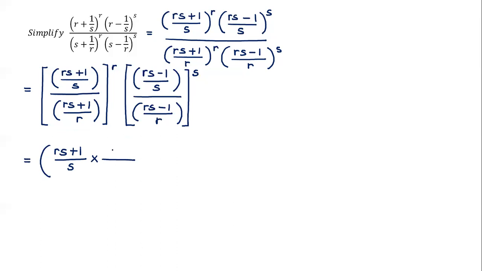So that means you can invert this one, which is going to be R over RS plus 1, right? Got it? With the R outside there, this R is still outside there. You understand, right? This is divide, so I can change the divide into times by inverting this part.